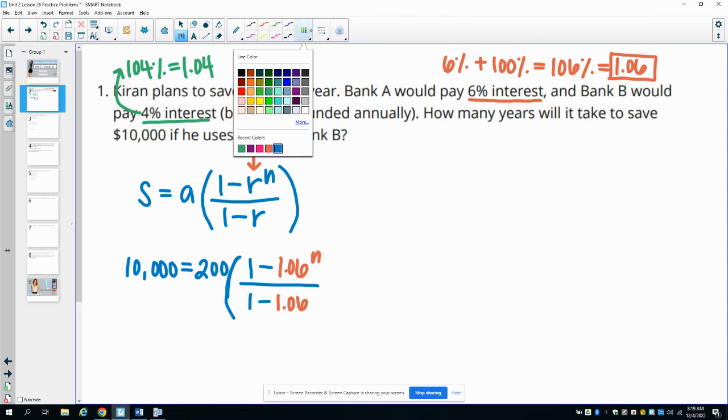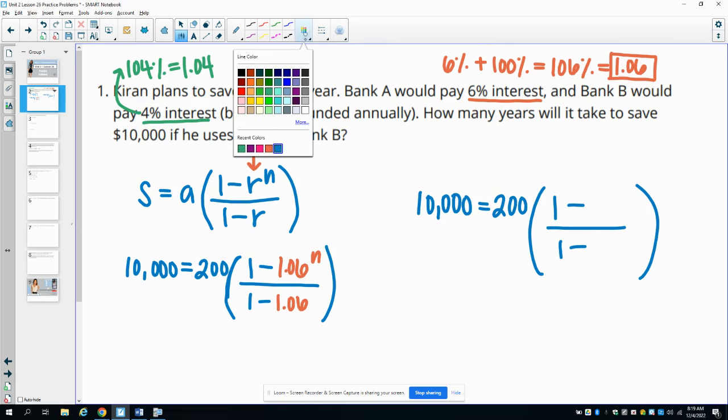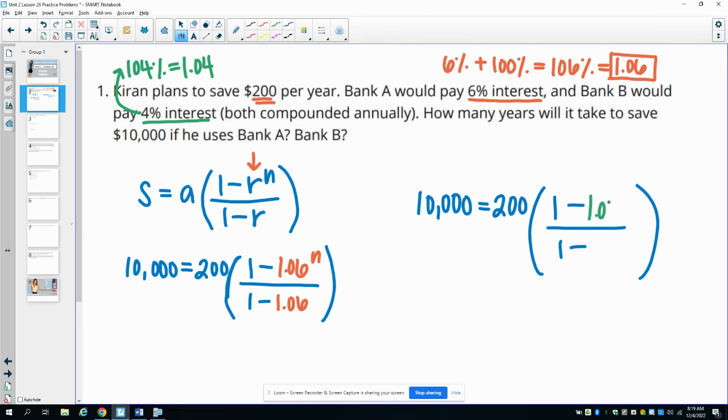And then for Bank B, we're doing nearly the same thing, except this rate will change. We still want to figure out when they're going to get $10,000, and he's putting $200 into this account. This time we're looking at a growth factor of 1.04, or 104% of his investment.